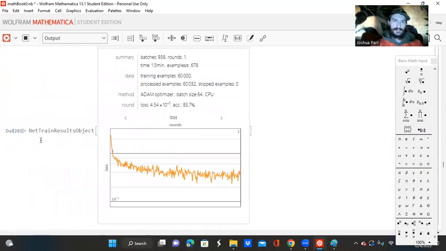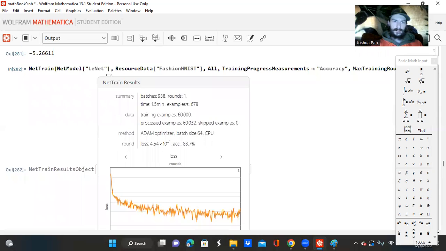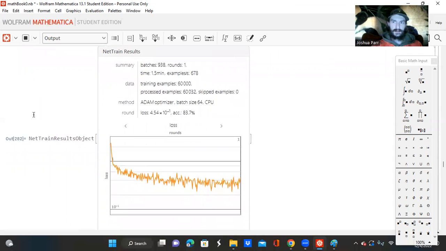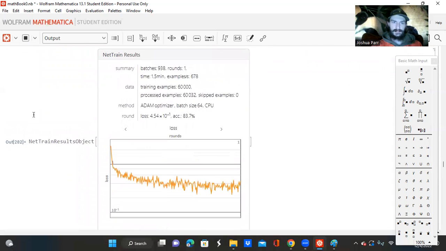So now I'm training a model here, the LeNet, for the Fashion MNIST dataset, and I'm asking it for its accuracy. It did 938 batches, 1 round, in 1.5 minutes, 678 examples per second.